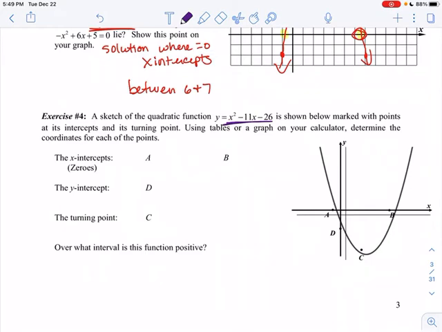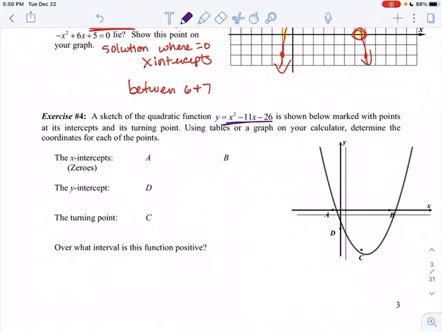I'm going to do that at the same time that you guys are. Go to y equals, and you're going to put in x squared minus 11x minus 26. Okay, and then you're going to look at the table or the graph, so either one. So I'm going to hit second table and see what that looks like.